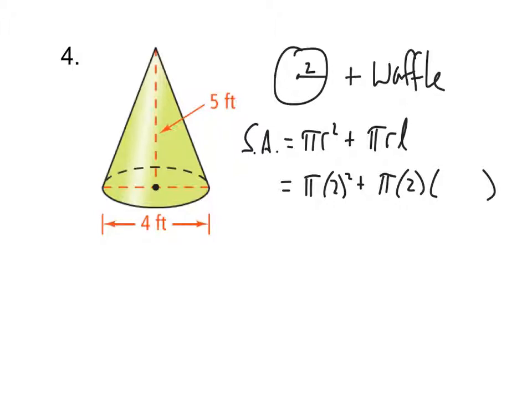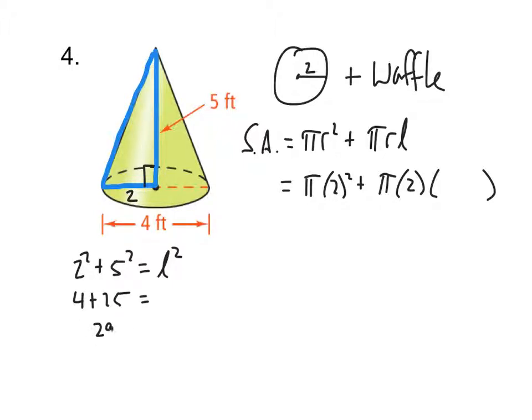Well, we need to find our slant height, so we need to look at this triangle. We have that tall part there. The height is 5. This radius is 2. And so I'm going to use 2 squared plus 5 squared equals my slant height squared. So 4 plus 25 is 29.